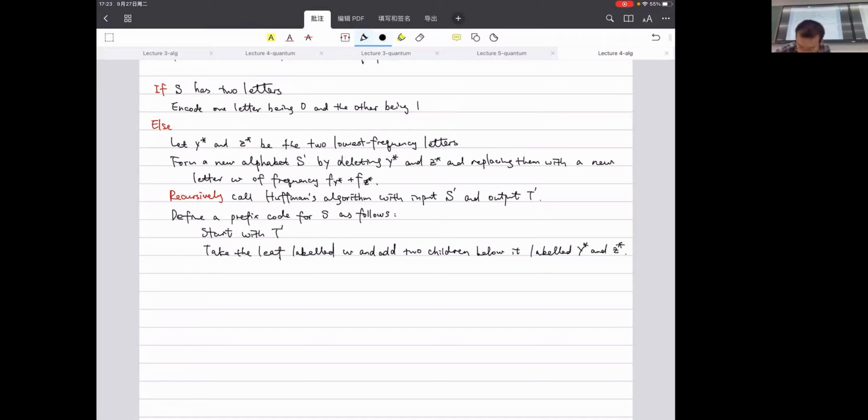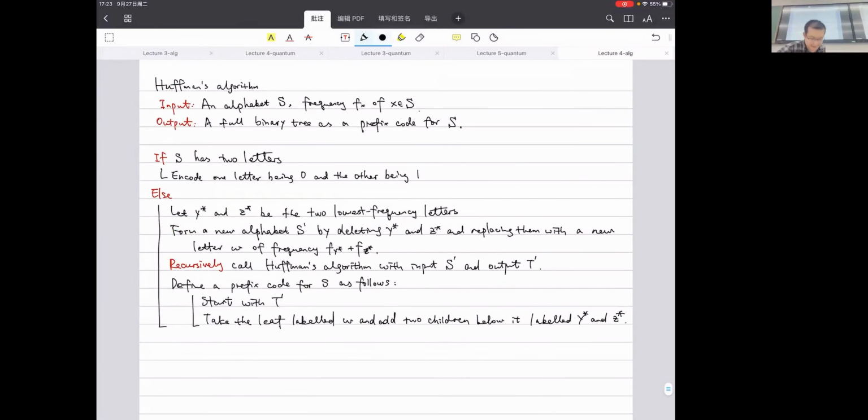This makes sense because we combined Y star and Z star into a meta letter, so when restoring, you remove W and attach two children below it labeled Y star and Z star. So this is Huffman's algorithm.